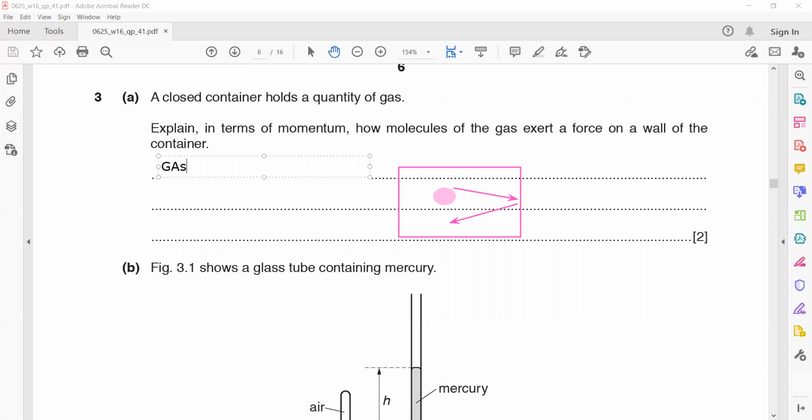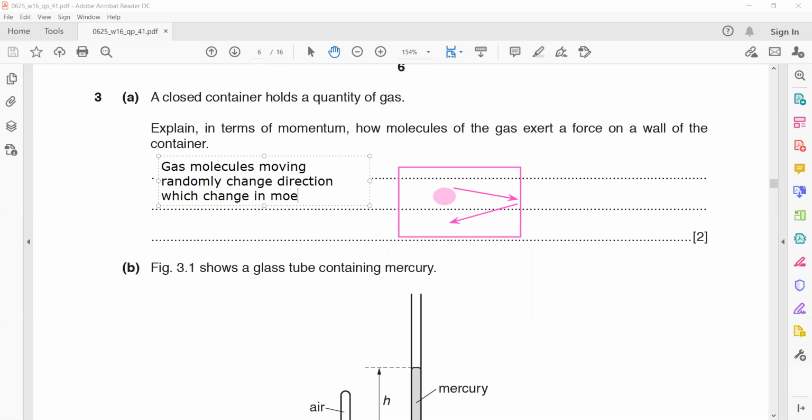So gas molecules moving randomly change direction, which changes the momentum.